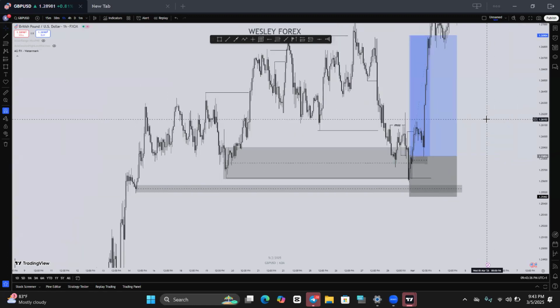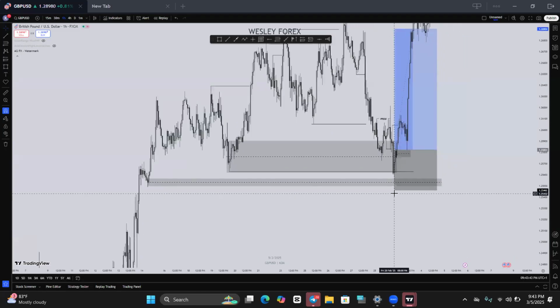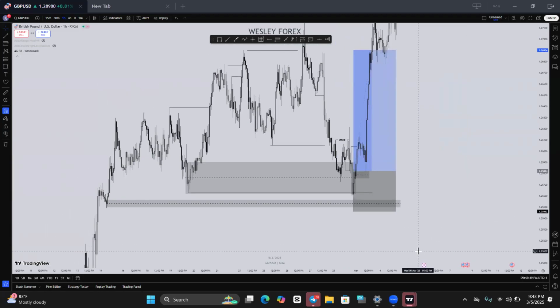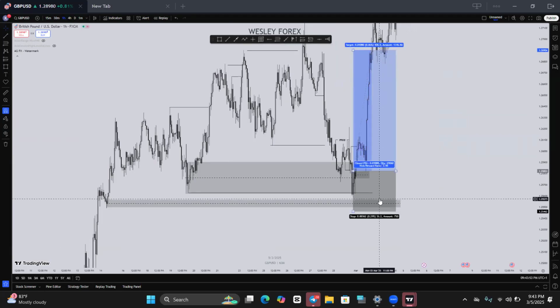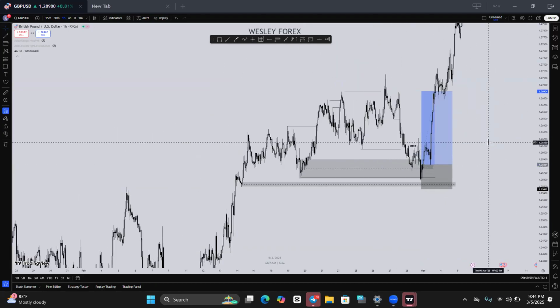If price sells down to hit the stop loss here, it will mean that most likely price will want to go bearish. That's basically the point of placing your stop loss at external liquidity. Anything that makes price reach that point, then price has a high probability of changing trend against your initial bias. I don't know if that makes sense to you. Yeah, that's fine. All right.